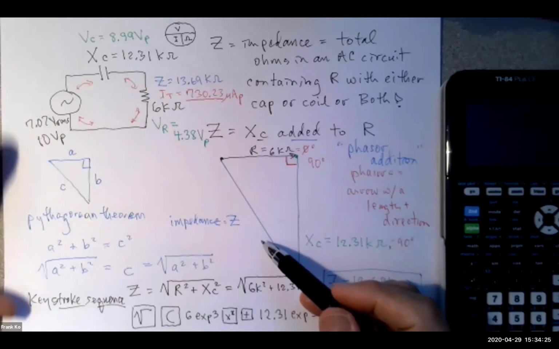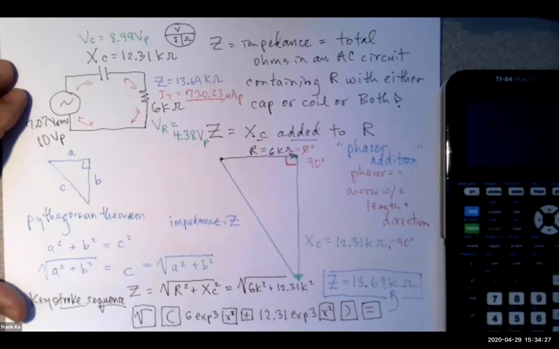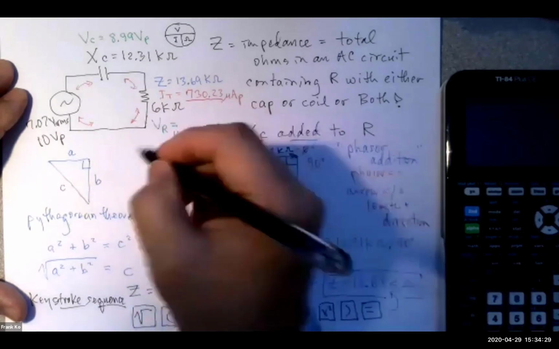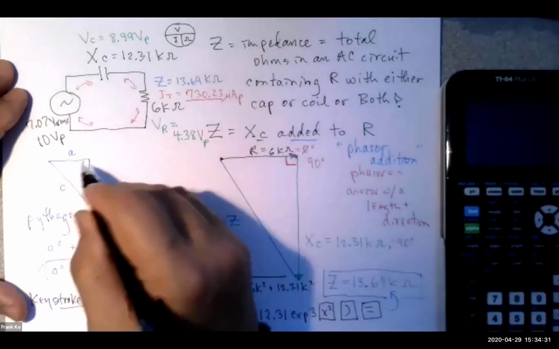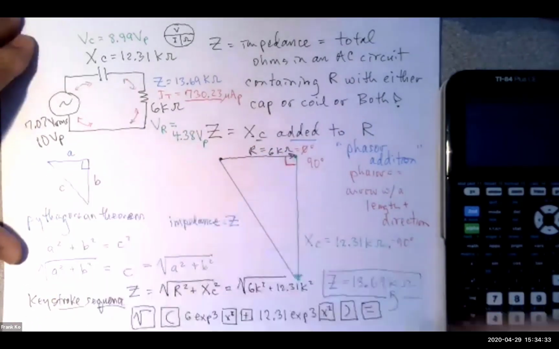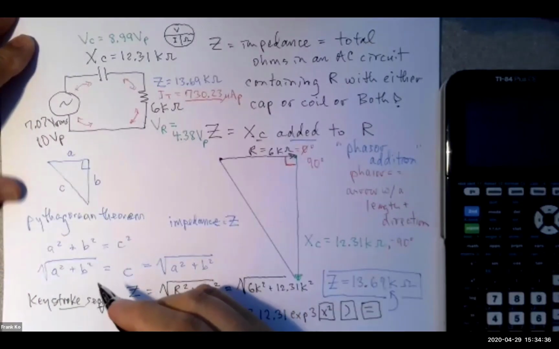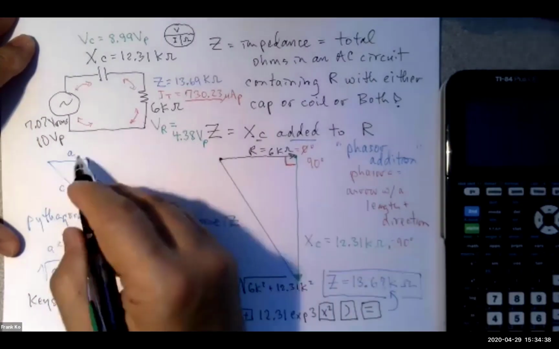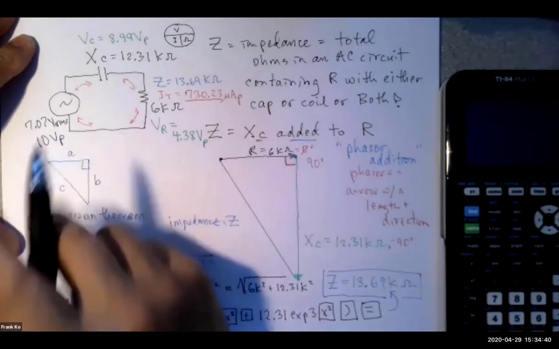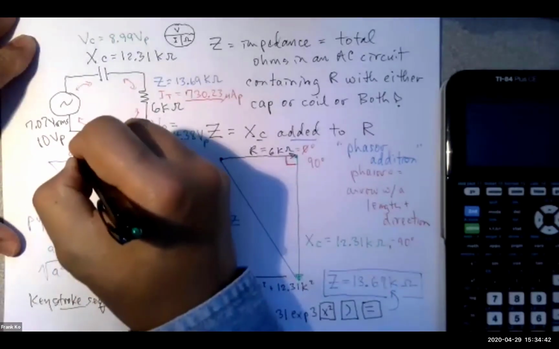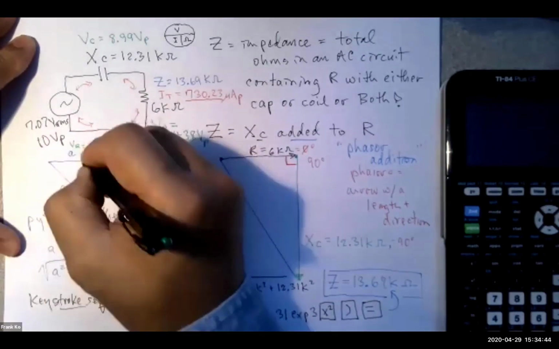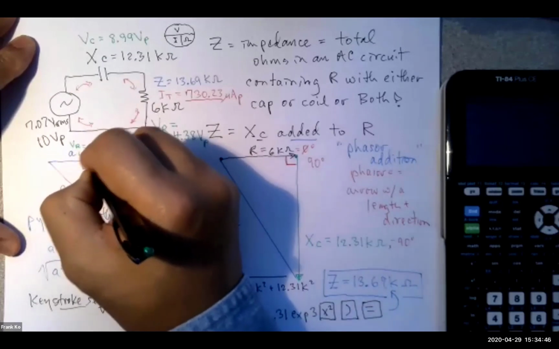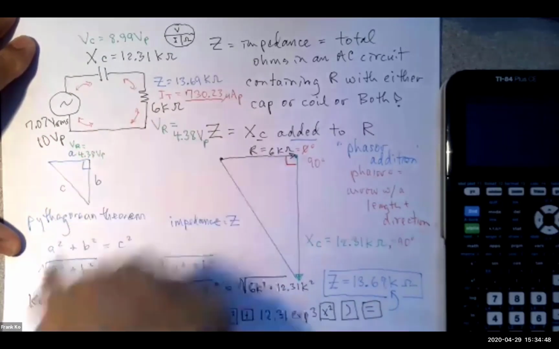Oh, very interesting. So let me offer you this thought. I'm going to use this triangle that we drew in earlier. This will be my R phasor, so this will be my VR, and this is equal to 4.38 volts peak.